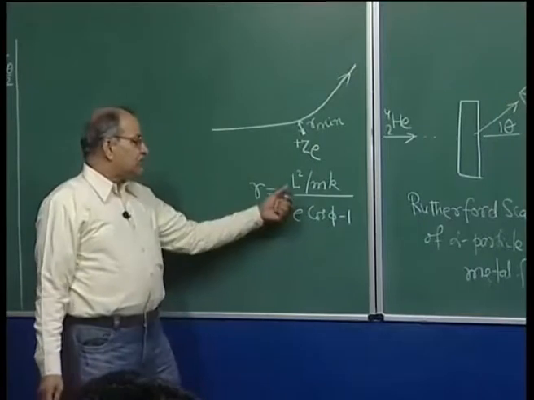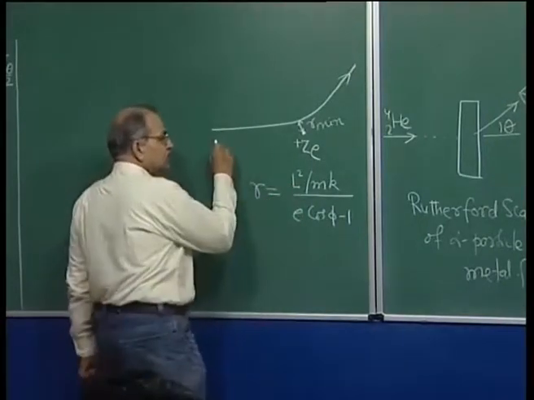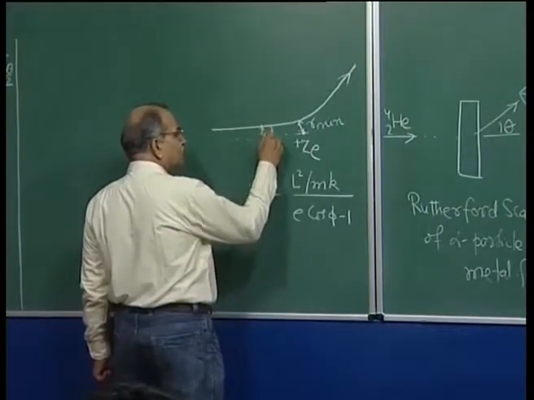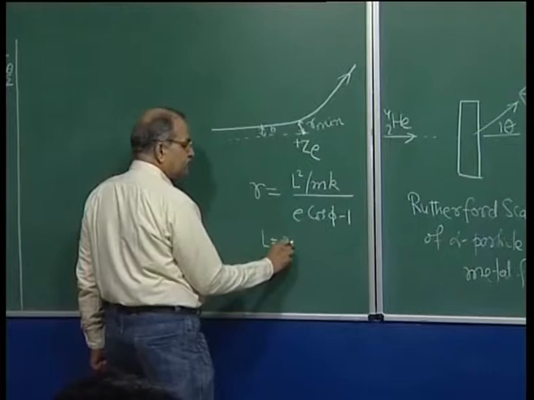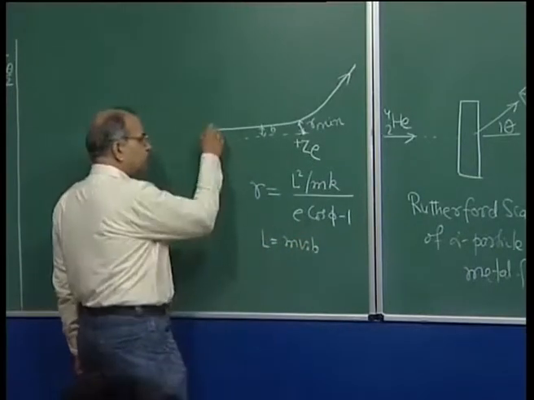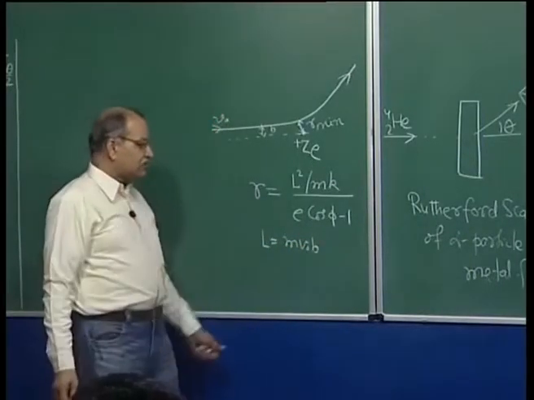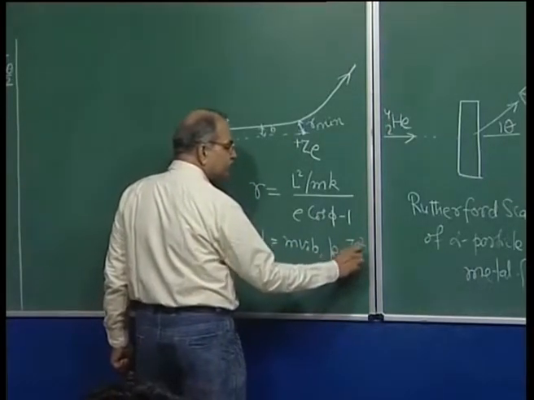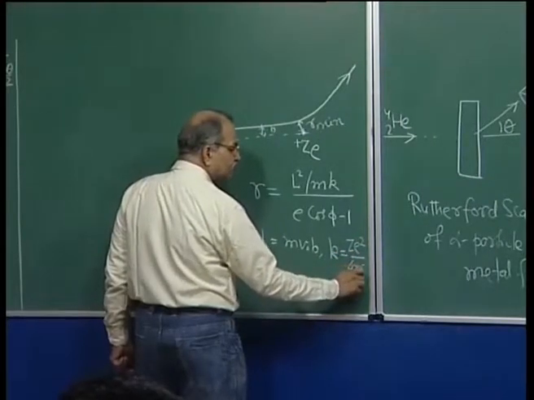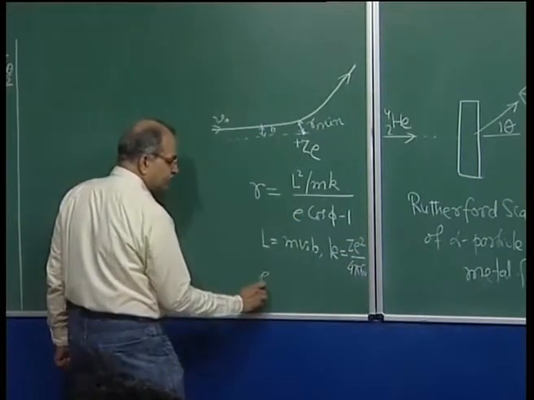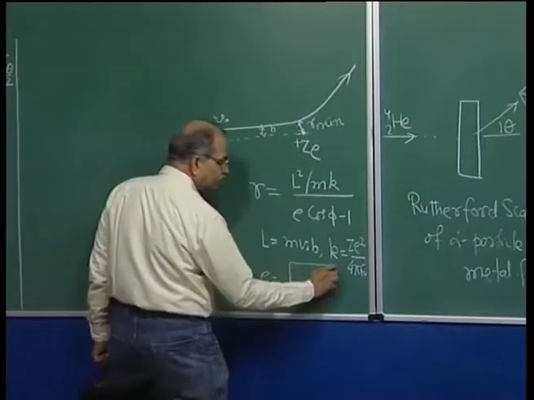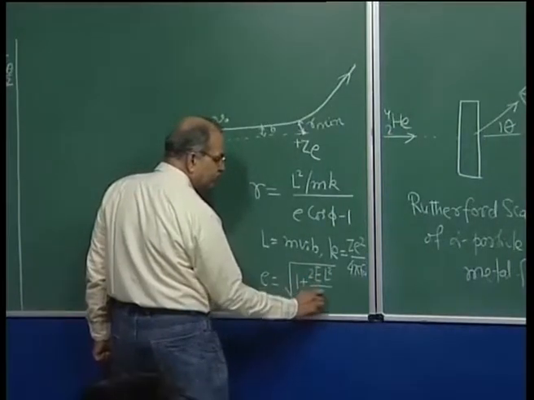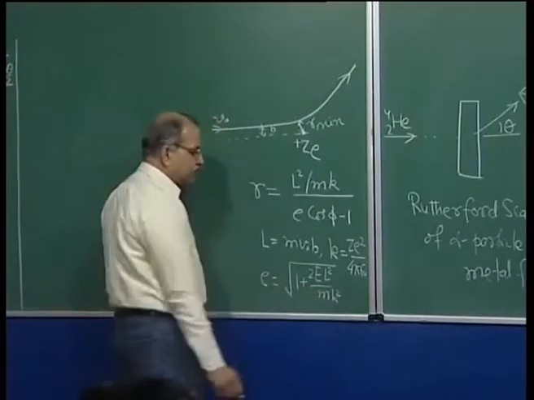Here L is the angular momentum; if I take this distance to be b, then L will be m times v naught times b, where v naught is the speed here, and k is the constant Z e squared by 4 pi epsilon naught. e is the eccentricity, which will be 1 plus 2 times total energy times L squared by m k squared.